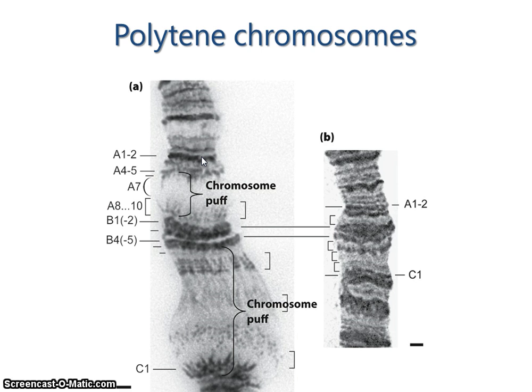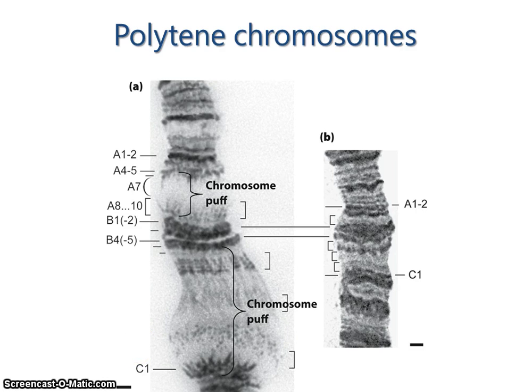And so you can actually see through the microscope regions that are darker, that represent areas that we call heterochromatic, and regions that are lighter, which can also be called chromosome puffs, where the chromosome structure is looser, and these are euchromatic regions.